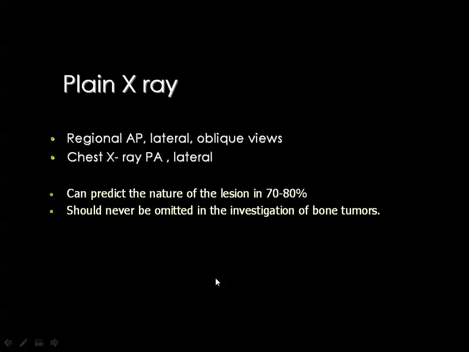And the X-rays should include a frontal view, lateral view, maybe oblique views, as in cases of the spine, for example. And also we may have a chest X-ray for the same case, looking for some of the effects of the tumor intrathoracic, as I will explain.